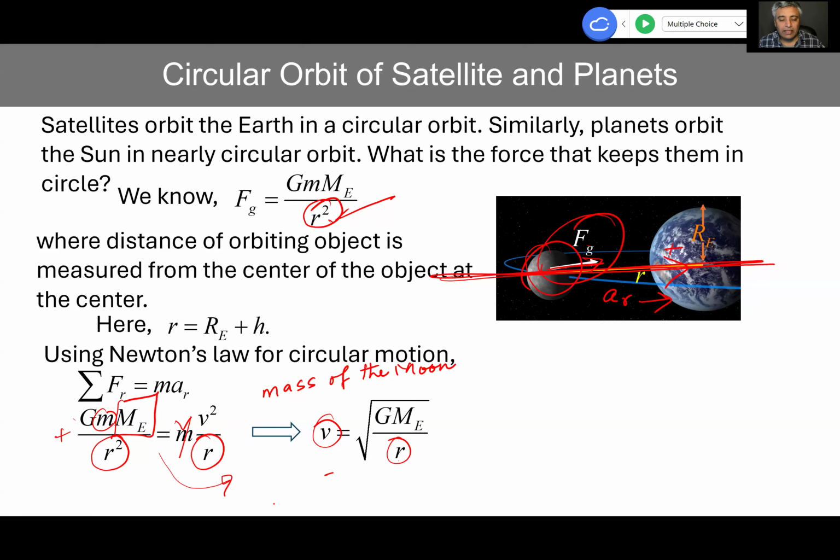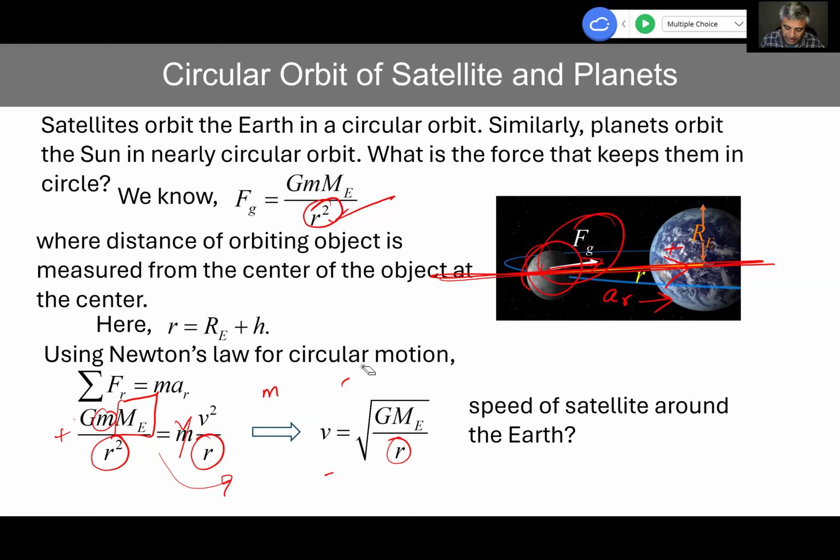There are several artificial satellites going around the Earth and littering the space, I should say. So this is the speed of the satellite around the Earth, which does not depend on the mass of the satellite, but it depends on the mass of the Earth.